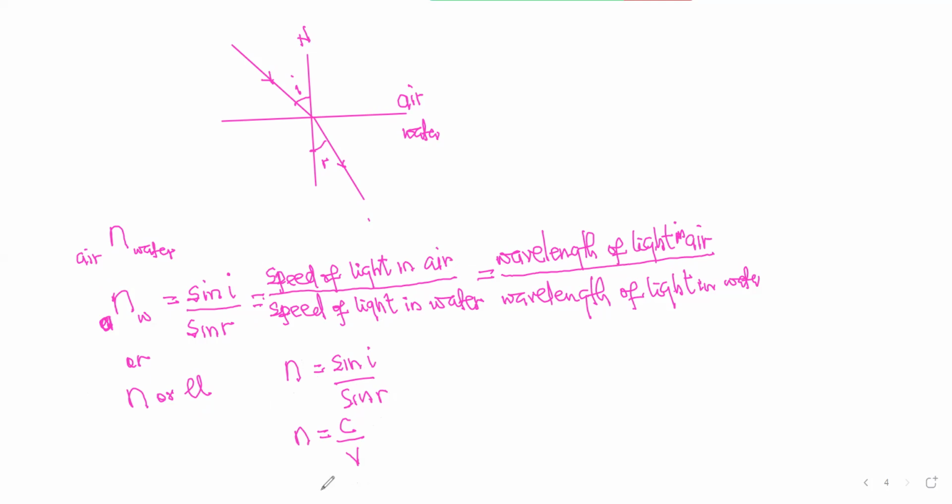Then we can also express absolute refractive index as the wavelength of light in air over the wavelength of light in a medium. We'll come back to this when we get to refraction. Okay, so these are different ways of expressing absolute refractive index.